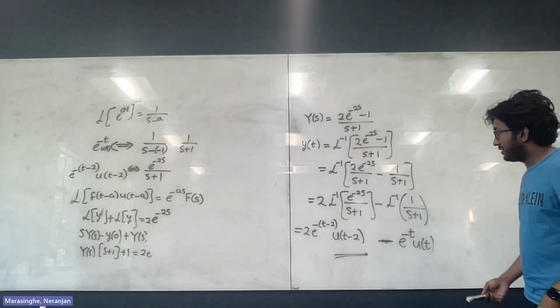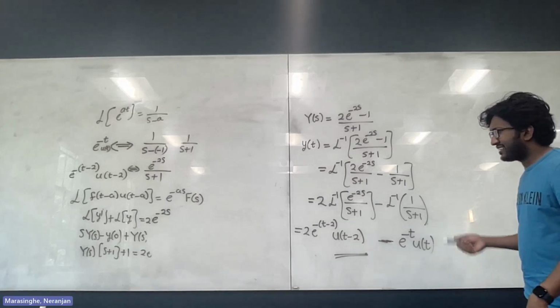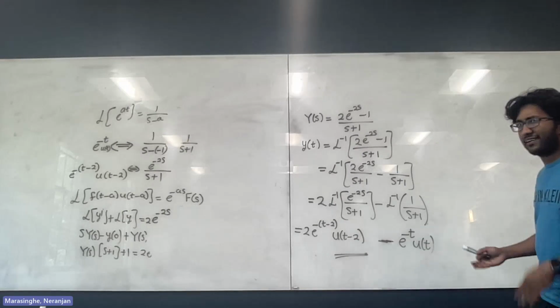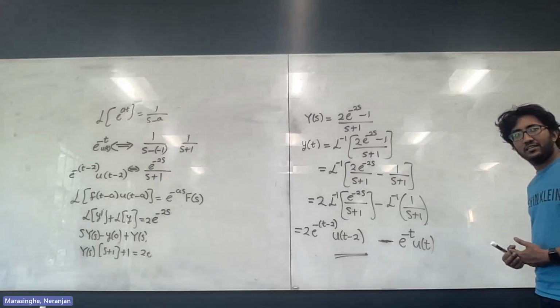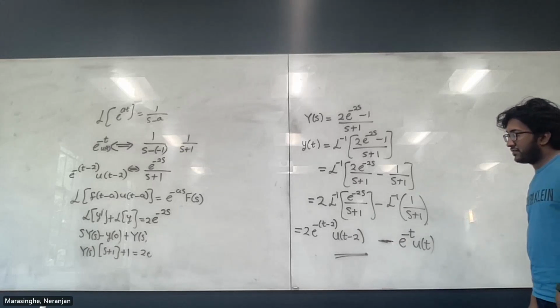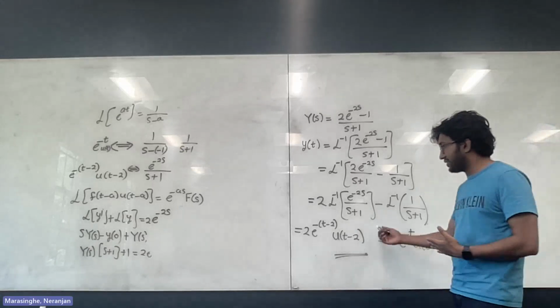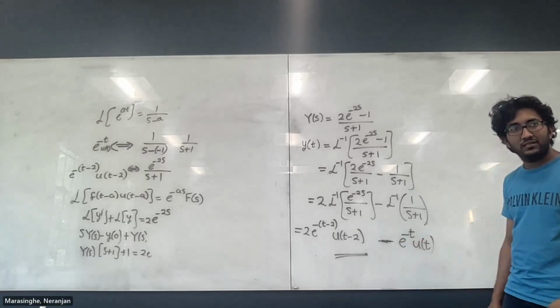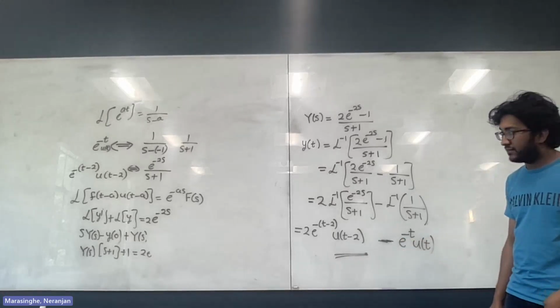Any questions? I think the second translation and first translation theorems are the trickiest theorems, and they are very useful in those kinds of scenarios.